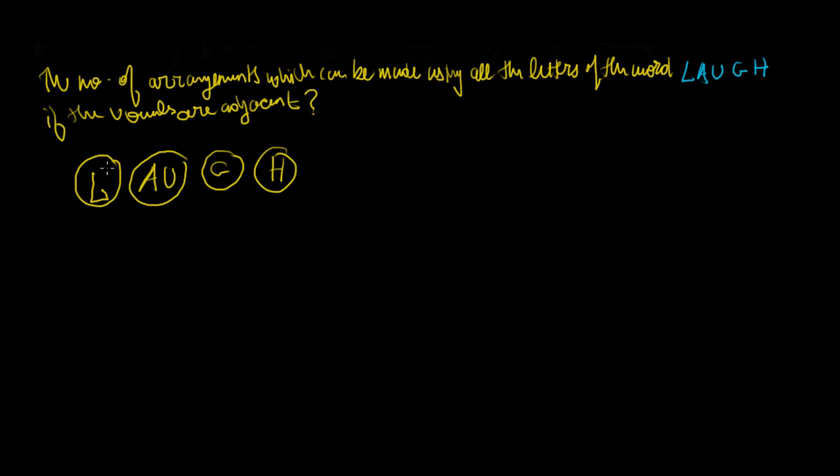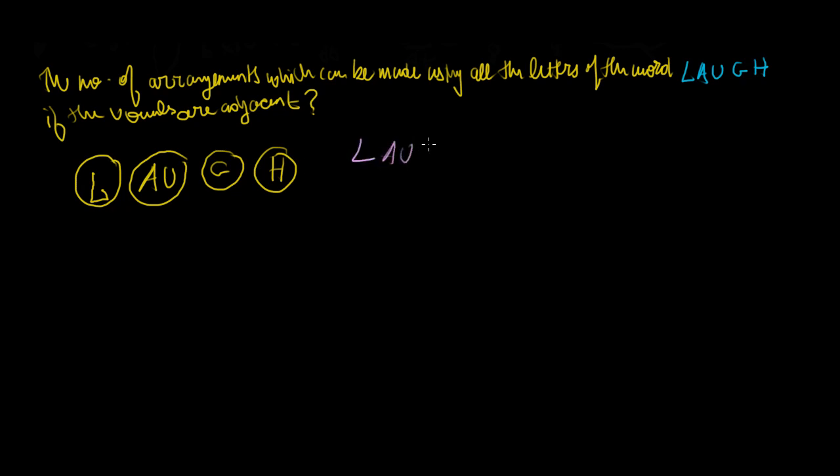So the question you can think about is that you have been asked to arrange these four objects in how many different ways you can do that, right? Because if you arrange these four objects, you'll get something like this.